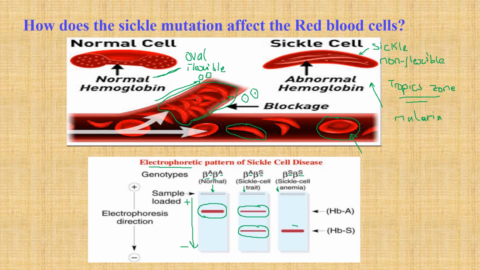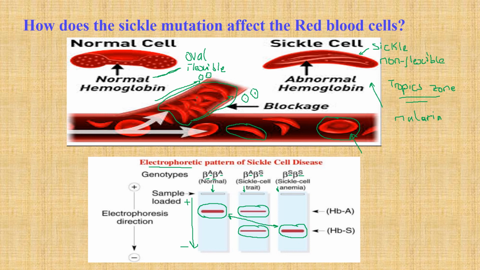Meanwhile, when the DNA of someone who has the sickle cell disease is run, the person has a single band that is found lower than the position of the normal hemoglobin, because if we look at the normal hemoglobin here, it is higher.